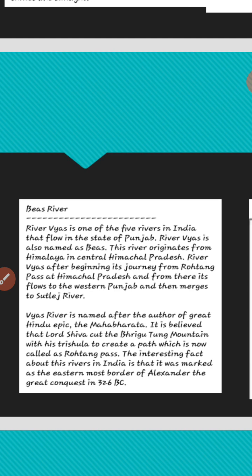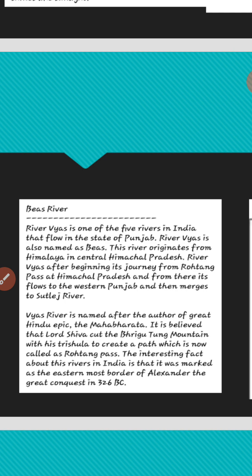This river originates from the Himalayas in central Himachal Pradesh. River Beas, after beginning its journey from Rohtang Pass, remember Rohtang Pass, at Himachal Pradesh, flows to the western Punjab and then merges into the Satluj River.